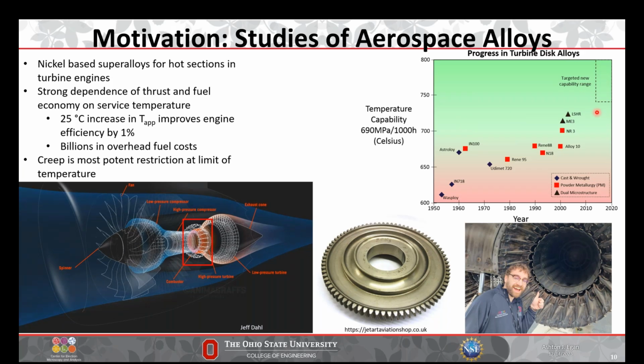And now what we're looking at is this very high temperature operating regime up here in the 750 to 800 degrees Celsius range. And so these are the materials I work on. And we're doing this basically to improve efficiency, reduce carbon emissions, and save money.